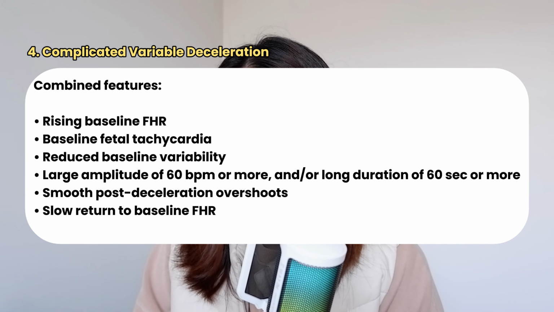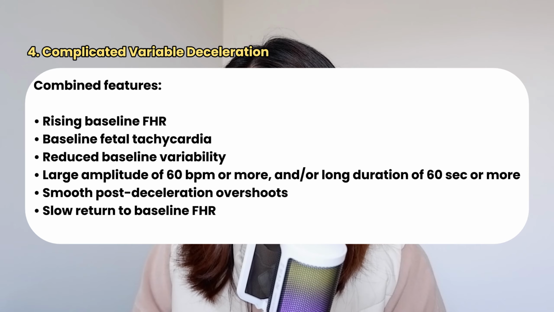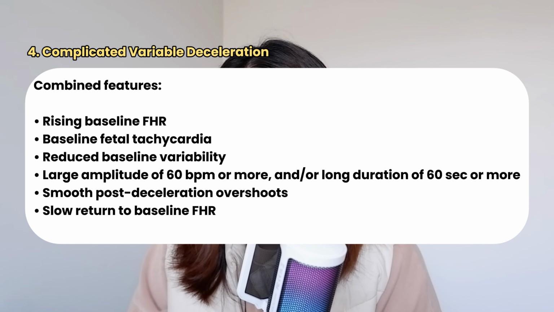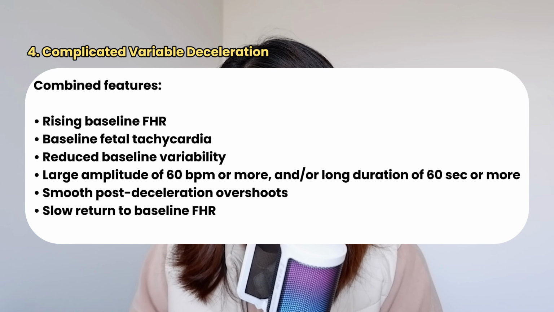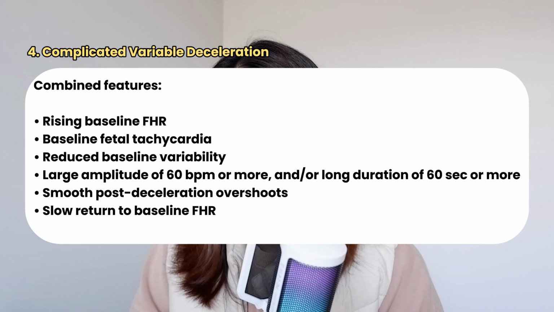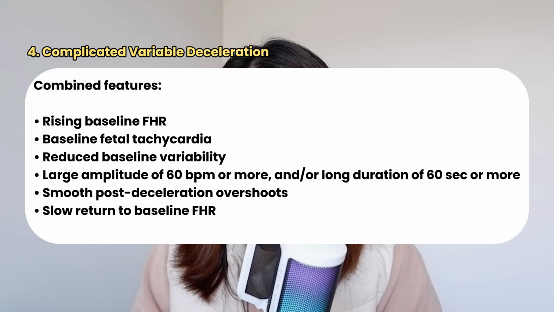Number 3, reduced baseline variability. Number 4, if you see a large amplitude of the variable deceleration of 60 beats per minute or more, and or a long duration of 60 seconds or more. If you can see smooth post-deceleration overshoots or slow return to the baseline fetal heart rate.